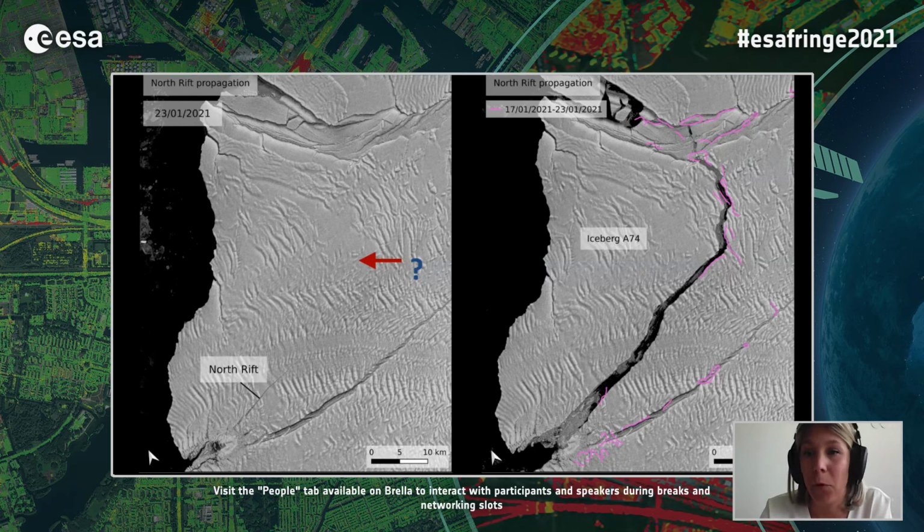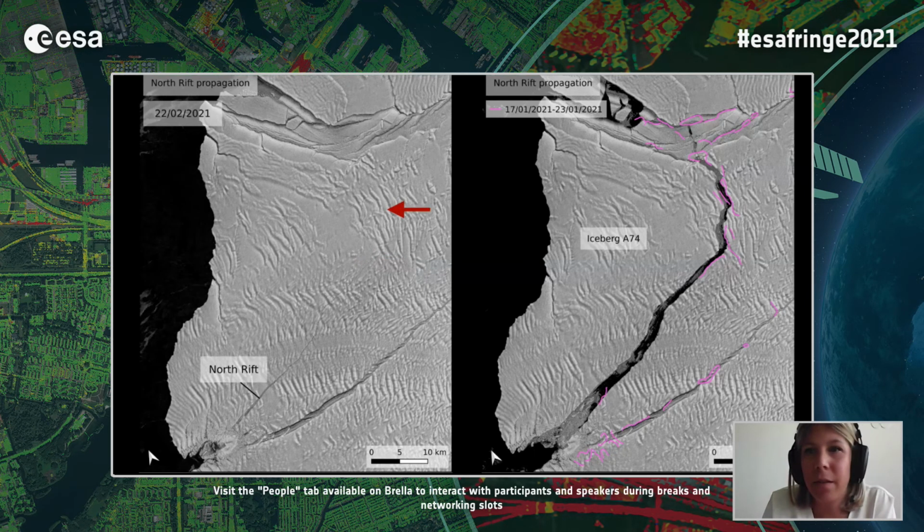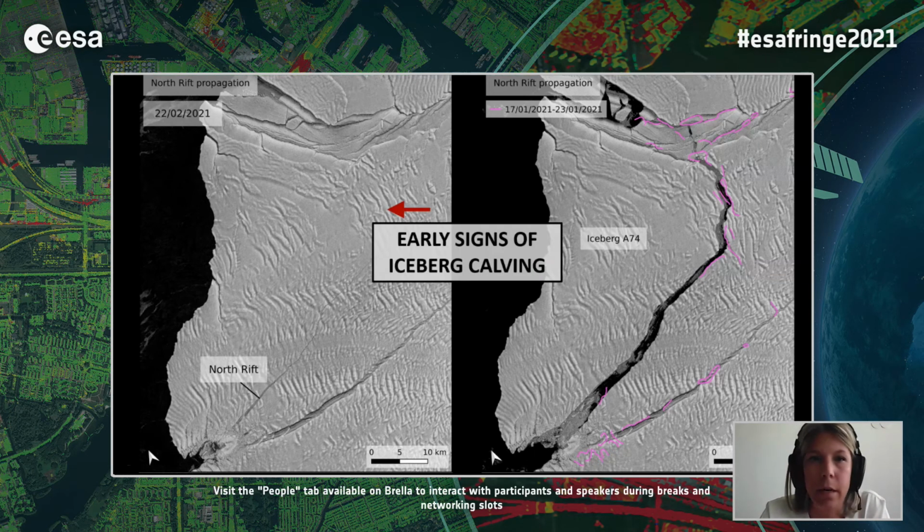I mean, it's not the perfect method either, but it's very sensitive. And if you compare what's delineated with InSAR 1 month before, you have, in comparison, 4 days before in the backscatter image, you go up to there. So it's very much more sensitive than the backscatter image. And you can have with InSAR actually early signs of iceberg calving, which is really, really nice results.